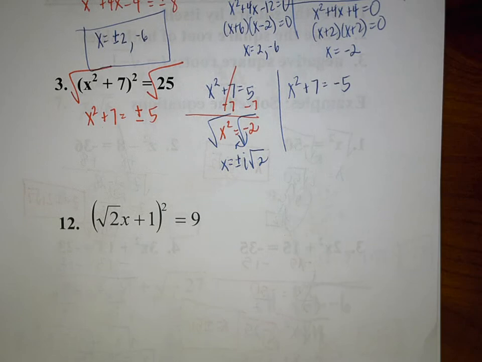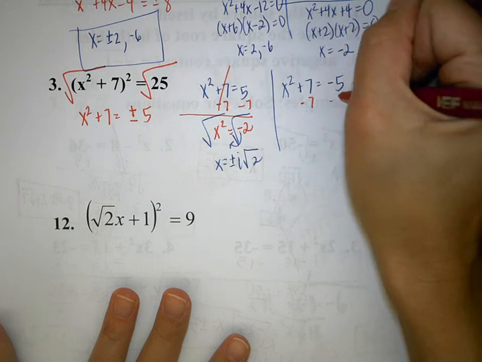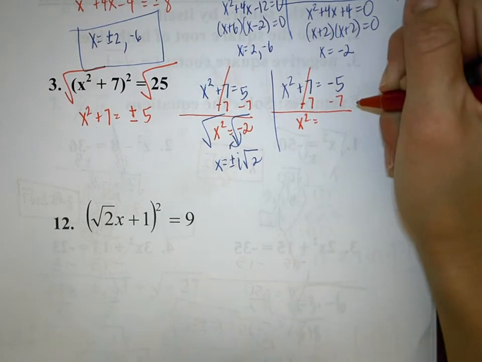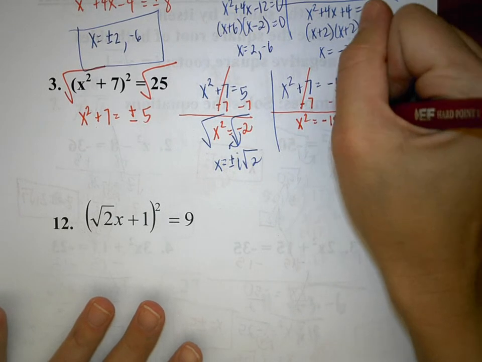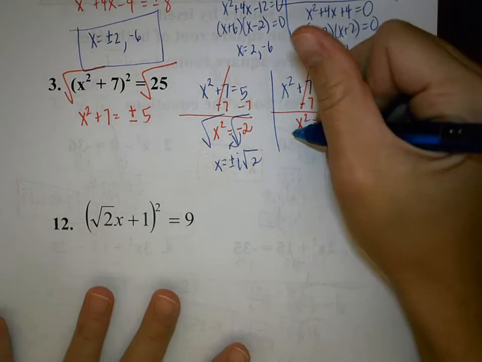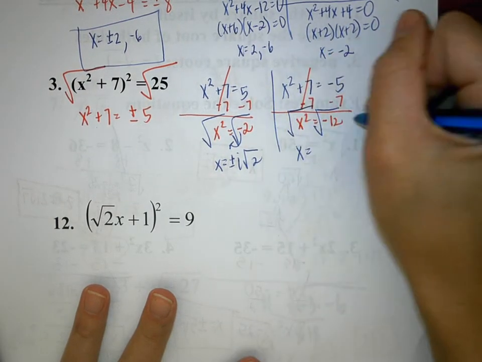Okay, so then we move to the other side. What will I do? Good. Subtract 7. When I have two negative numbers, I add and keep the sign, so that makes a negative 12. Next, we will take the square root of both sides, so we get x equals.